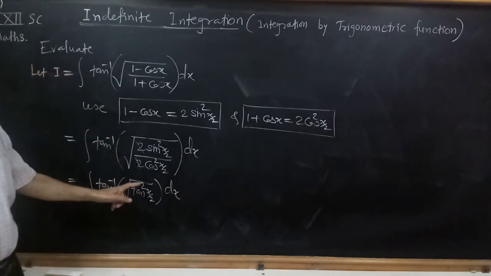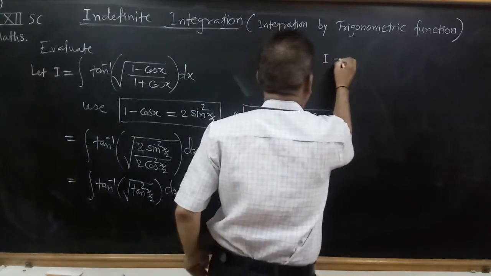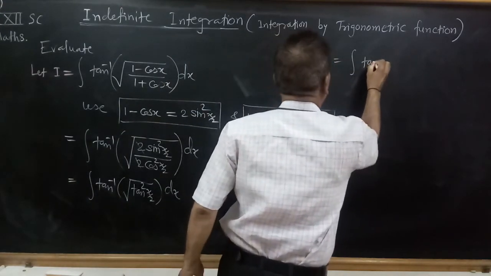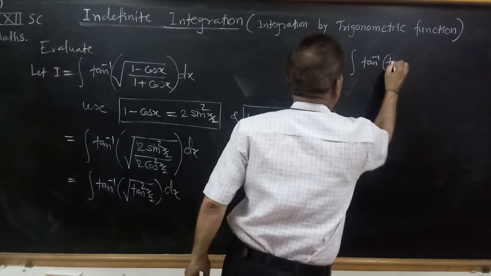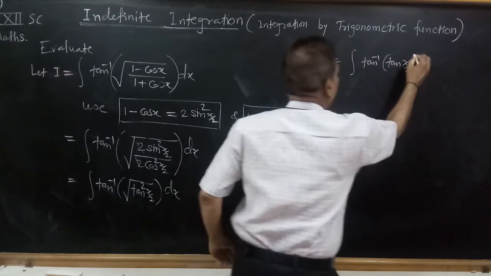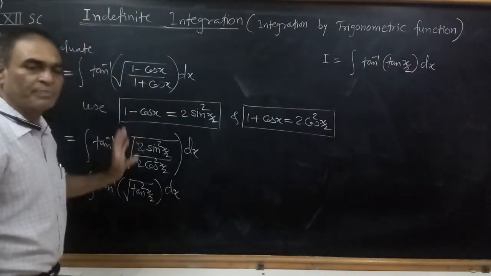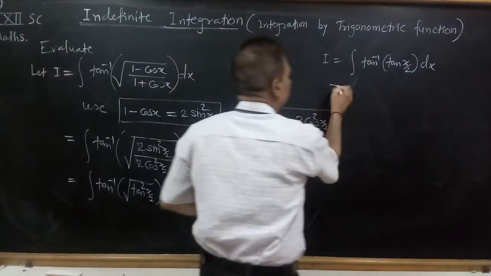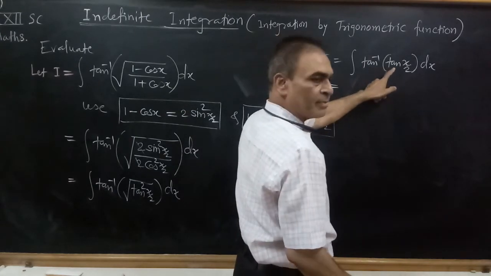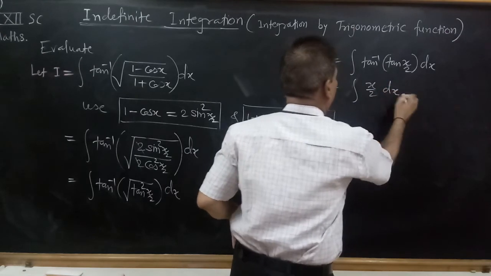As the square root gets cancelled, I is equal to integration of tan inverse of tan x by 2 into dx, because square and square root get cancelled. And you know tan inverse of tan automatically cancel, you will get x by 2 dx.